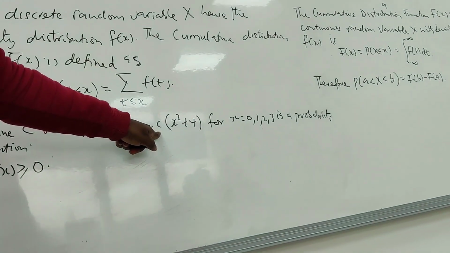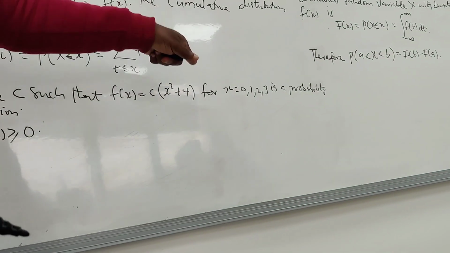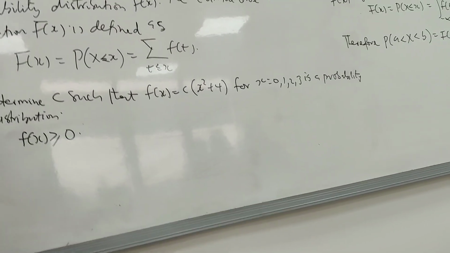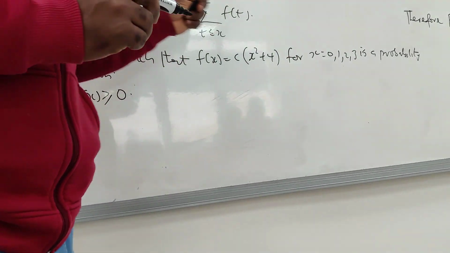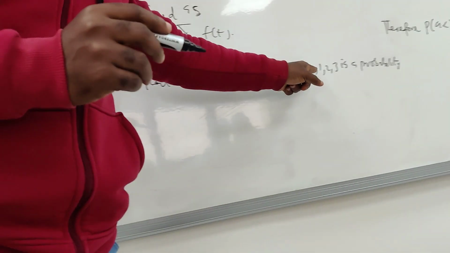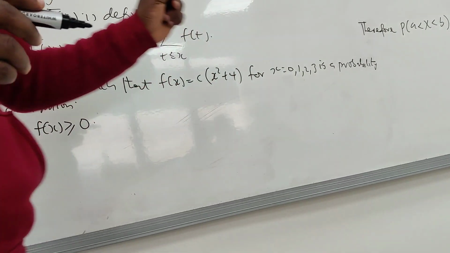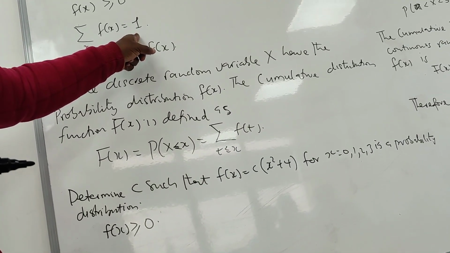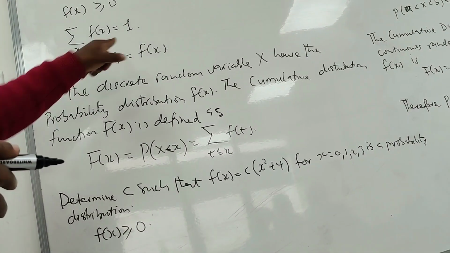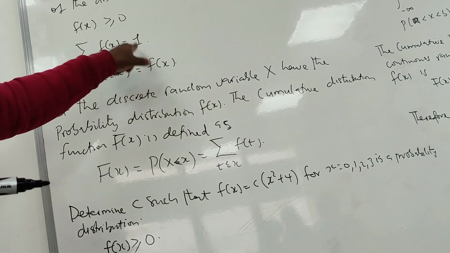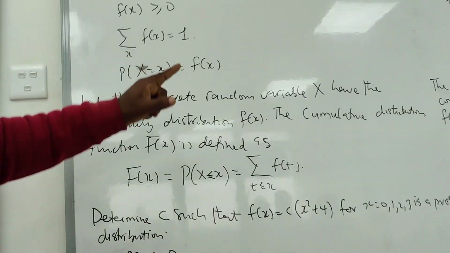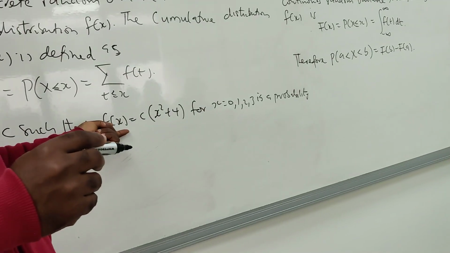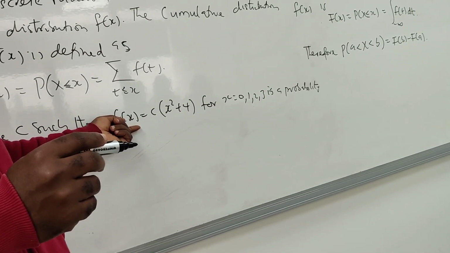But we don't know the value of c; we want to determine it. Secondly, when you sum everything across all these values of x, we must get 1. And lastly, the probability of x must be equal to the probability function.